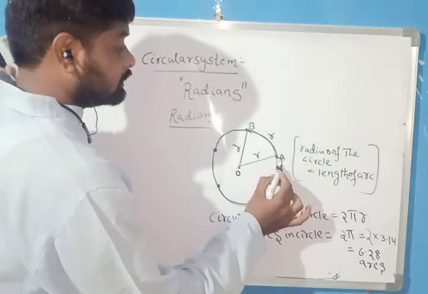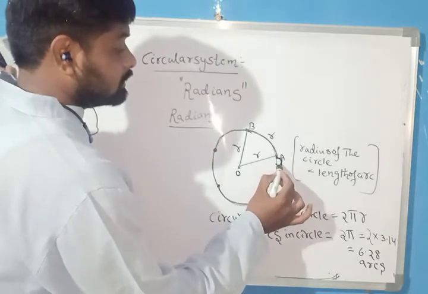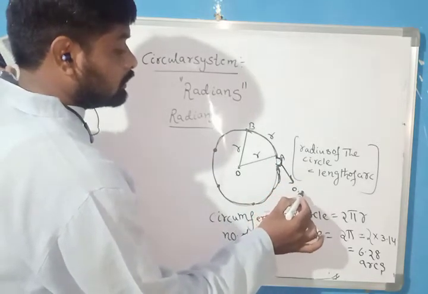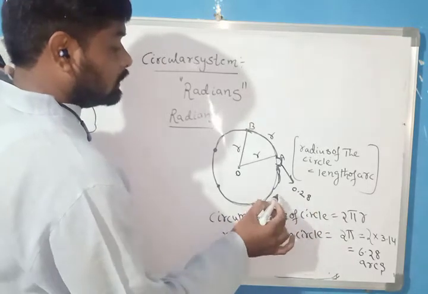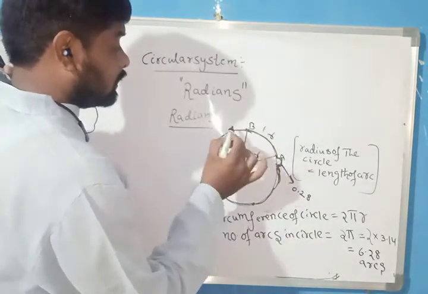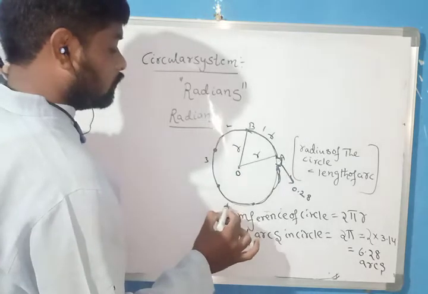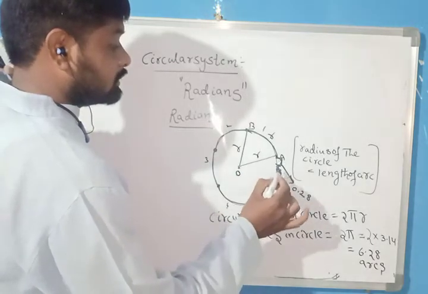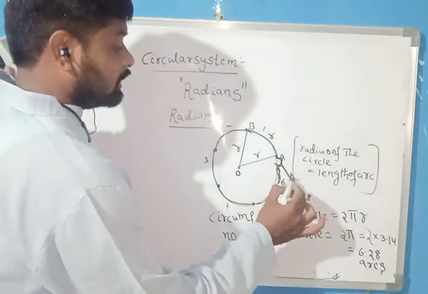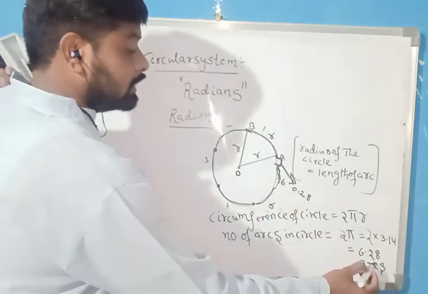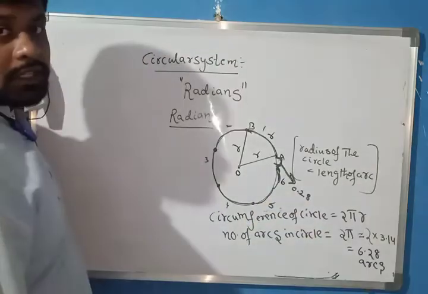Here some distance remains, that is 0.28. Total 6 arcs, plus the remaining distance, that is 6.28 arcs.